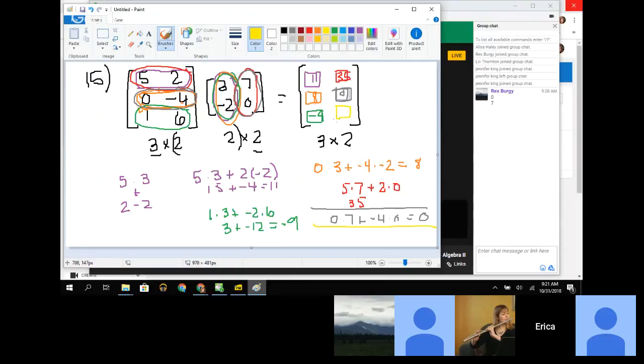So the yellow is in your third row, second column, which would mean 1 times 7 plus 6 times 0, which is 7. So now you've multiplied your two matrices together. You get 11, 8, negative 9, 35, 0, 7.